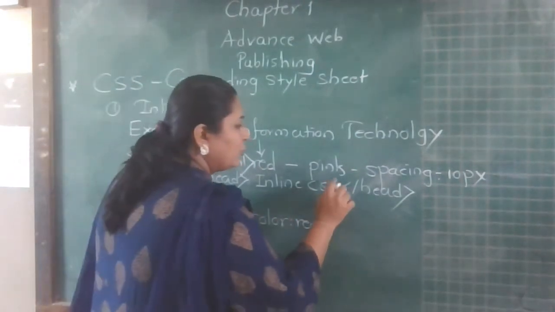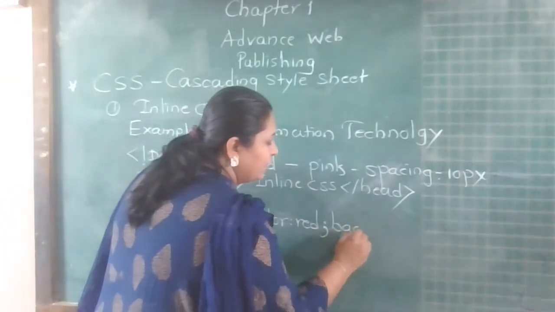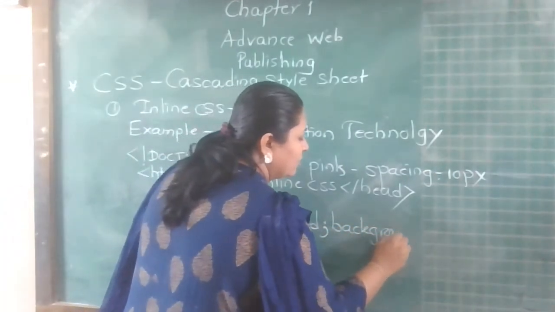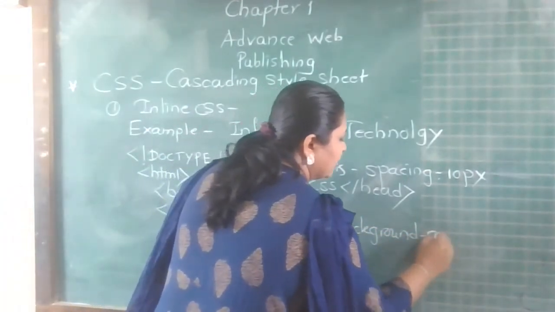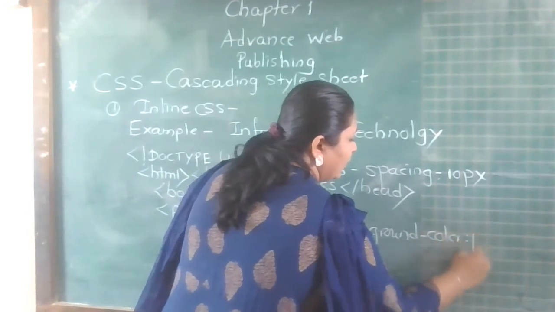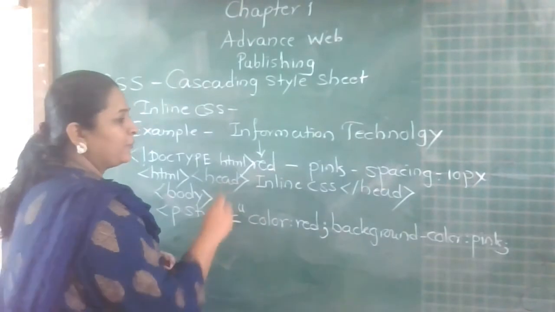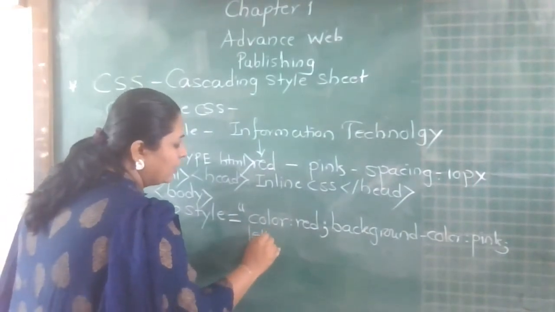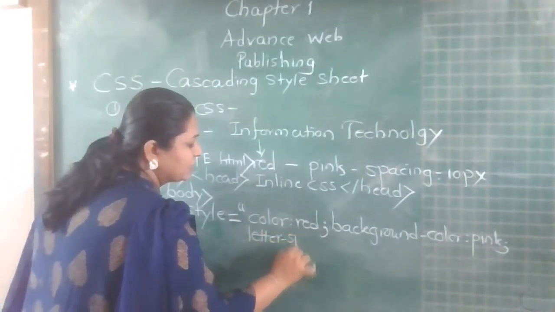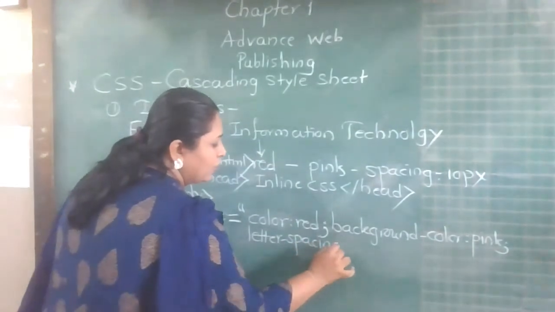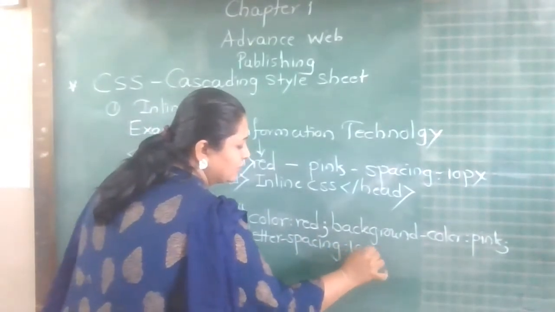Then to give the background color, I will use background dash color colon pink, and the third property is letter dash spacing colon 10 pixels.